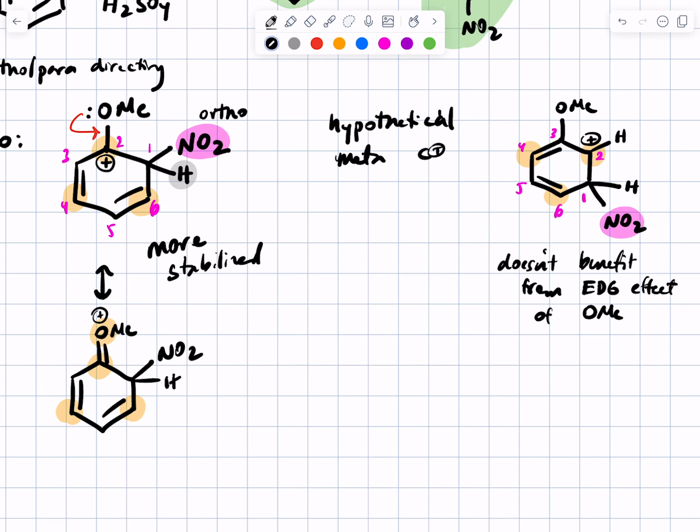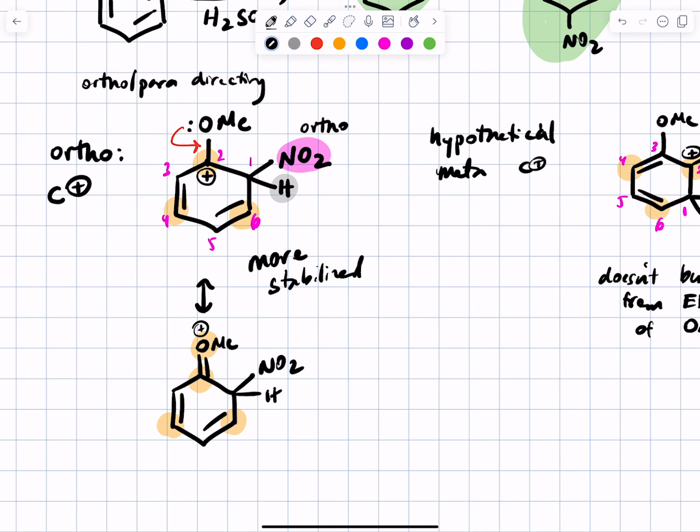That's the origin of ortho-para selectivity for electron donating groups. Putting the new group at the ortho and para carbon relative to the donating group allows you to go through a carbocationic intermediate where the donating group stabilizes the positive charge. That's all there is to it. You can memorize that donating groups are ortho-para directors. It's helpful to know why they are, and this is why.